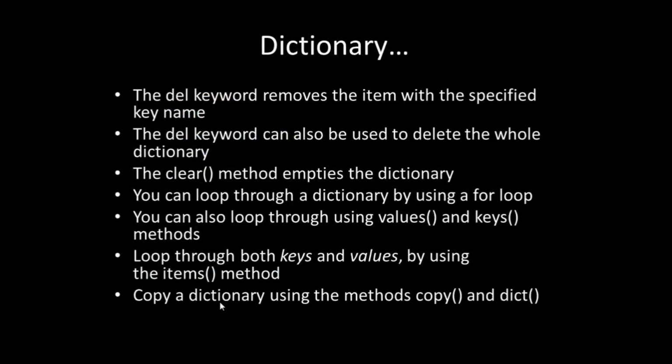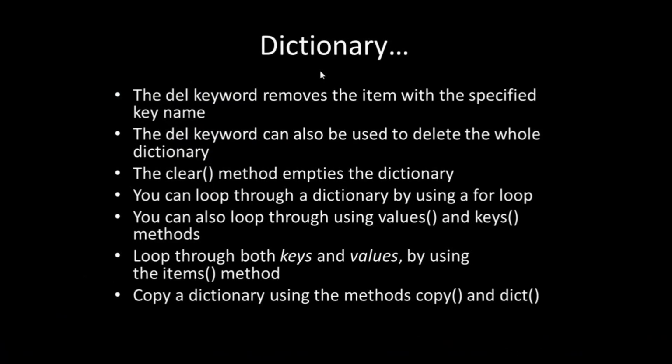Now let's see how to do the copy operation. In order to do a copy operation, there are two methods. One is copy, another one is using dict. One very important thing you need to keep in mind: you cannot just make a copy of the dictionary by using equal to.